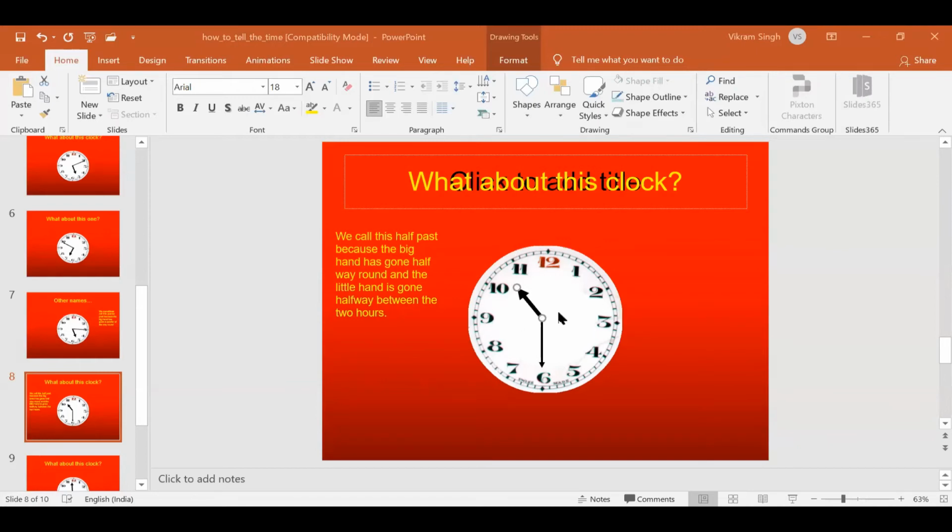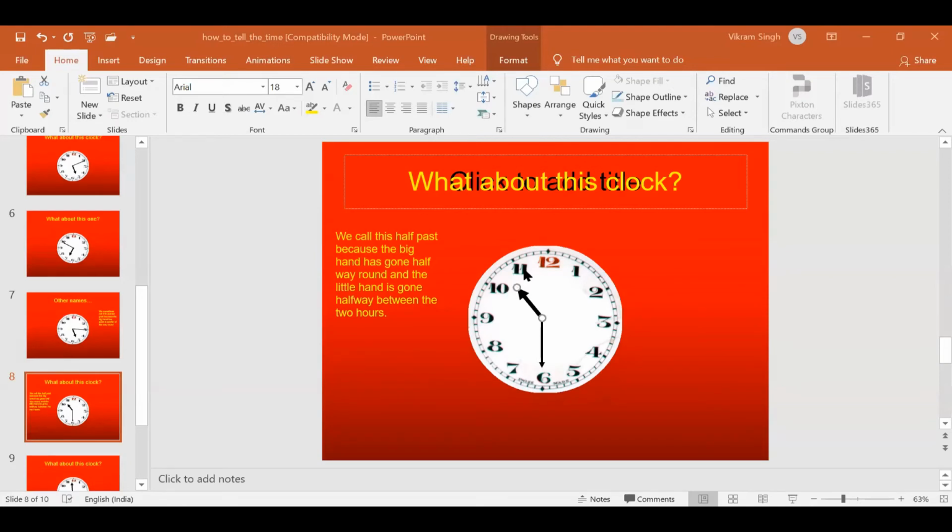See this clock, the minute hand is on 6. That means it has covered 30 minutes. So how you're going to read the time? Half past. But half past how much? The shorthand or the hour hand is between 10 and 11.